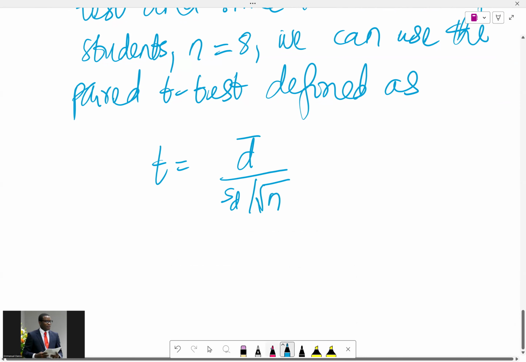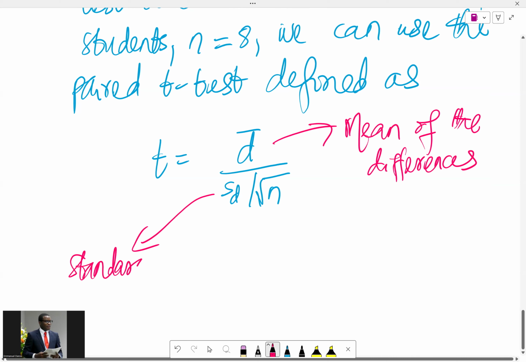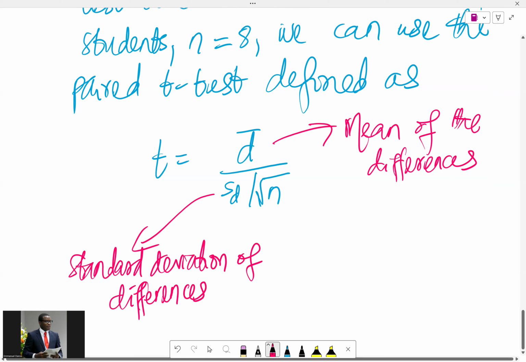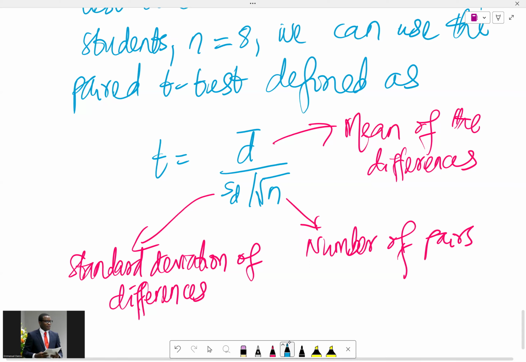D bar is the mean of the differences, and SD is the standard deviation of differences, and N is the number of pairs or number of observations. It's better to call it pairs since we are doing this paired sample t-test.